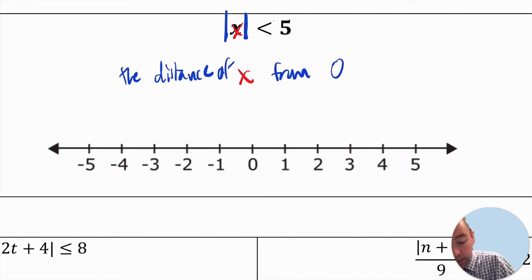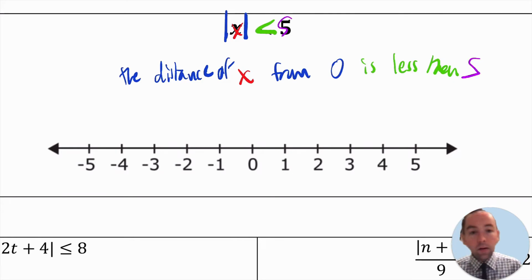Now, because of the symbol less than, it is less than 5. So what that basically means in a nutshell is that how far x is from 0 has to be less than 5. So we can't be too far away from 0. We have to be within a certain distance. So from 0, we can go out as far as like 4.999, right?